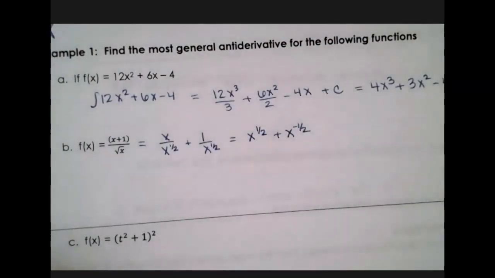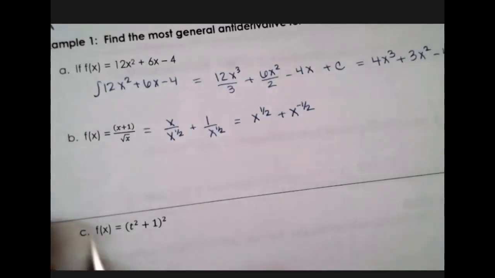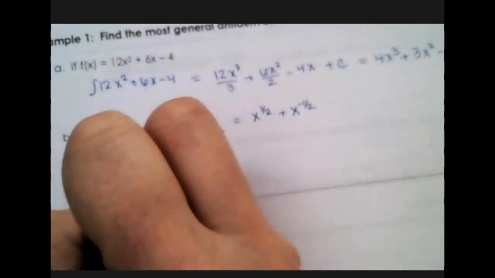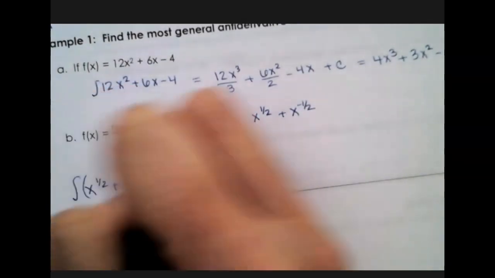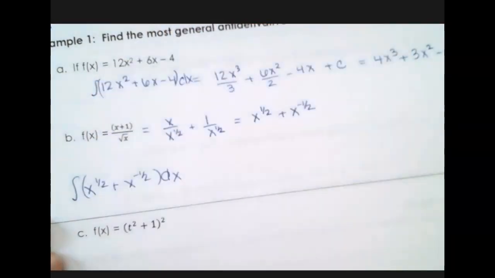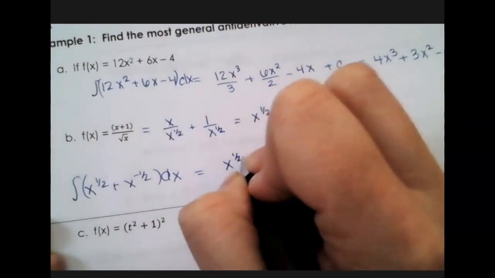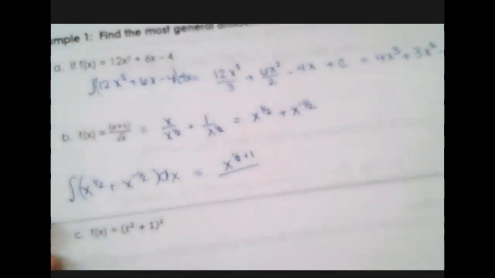And essentially what that does is that allows you to take the reverse power rule without a fraction. So now the antiderivative of x to the 1/2 plus x to the negative 1/2, and we always tag on our dx, and I should have done that up there, is equal to x to the 1/2 plus 1. So if you think about 1/2 plus 1, that is 3/2.